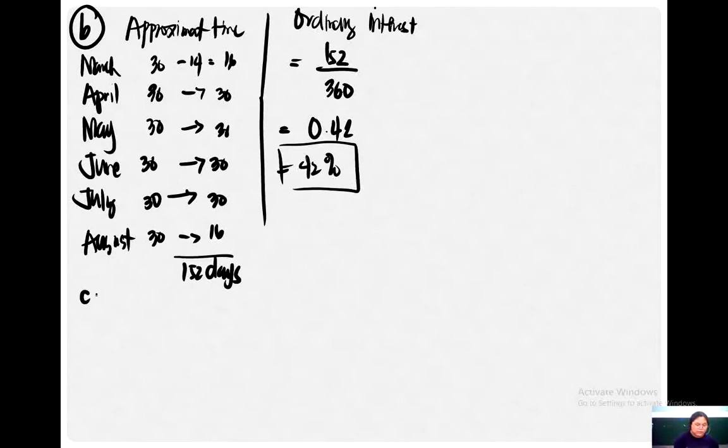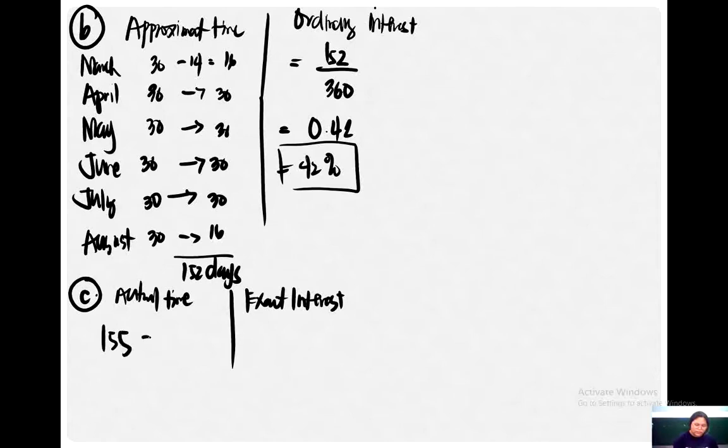So let's have letter C. Letter C asks for the actual time and exact interest. Actual time, again, let's go back there. We have 155 number of days. To get the exact interest, you just have 155 days all over 365.